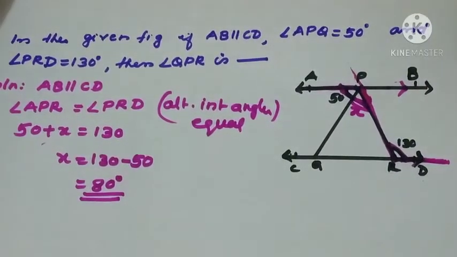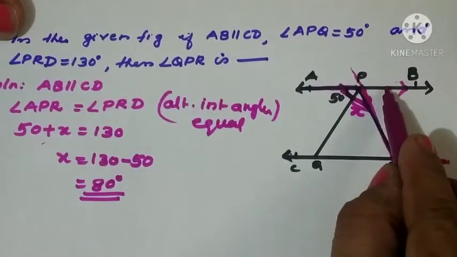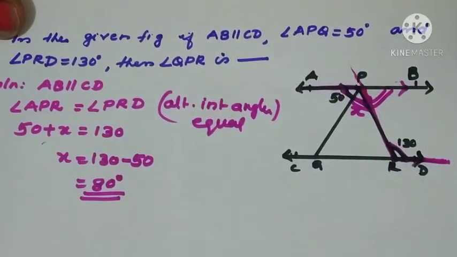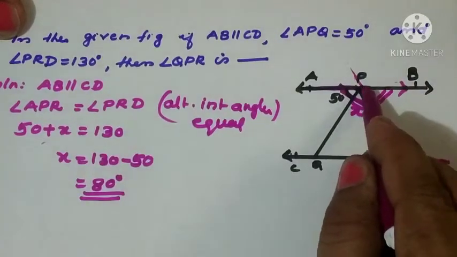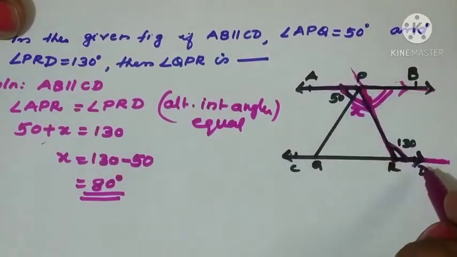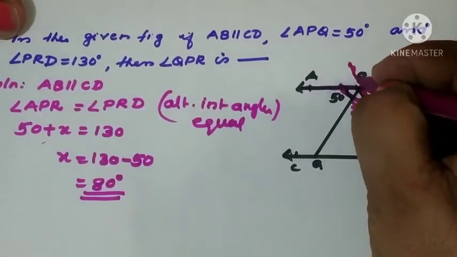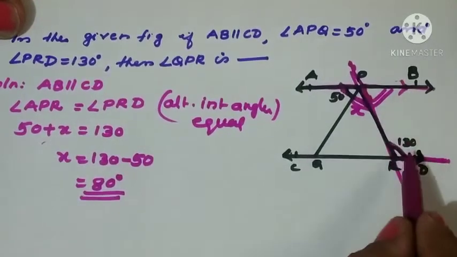Okay. One more method I can tell. If it is 130, what about this angle? It is also equal to 50. Co-interior angles are supplementary. See, these 2 lines are parallel and this is the transversal, so both are on the same side of the transversal.